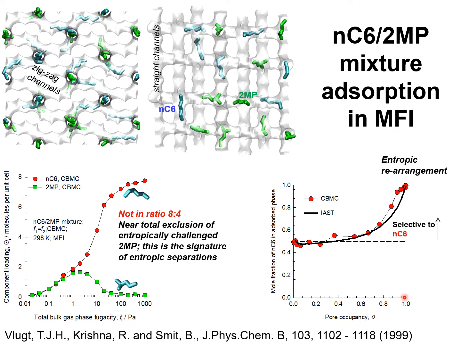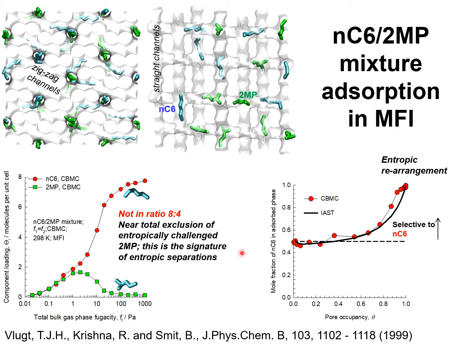And we note that as the pore occupancy approaches unity, the mole fraction of normal hexane in the adsorbed phase approaches a value of 1. In other words, 2-methylpentane is virtually excluded from the pores at a pore occupancy of 0.1.